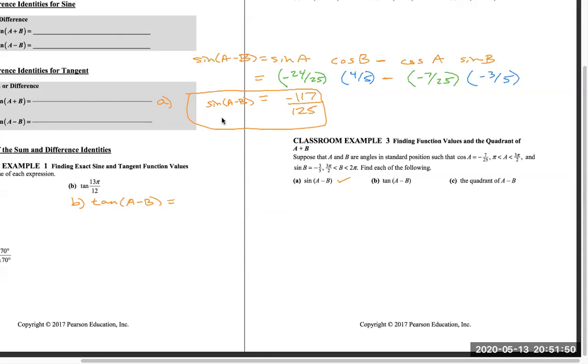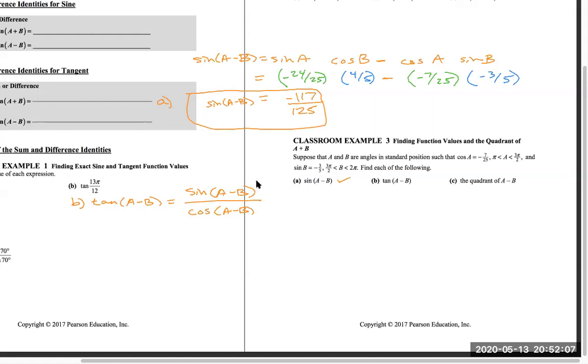Instead, I'm going to use sine A minus B divided by cosine A minus B. That way you only need to remember the one song, okay?